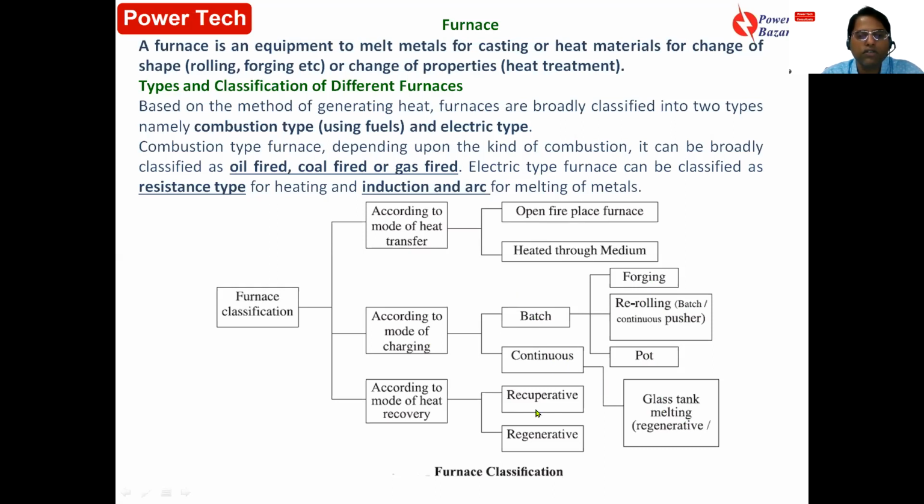Now, recuperative or regenerative means how you can utilize the waste heat. Based on that heat recovery medium also, furnaces are classified. So basically there are 3 levels of classification: open fire, heated through medium; batch, continuous; recuperative and regenerative.